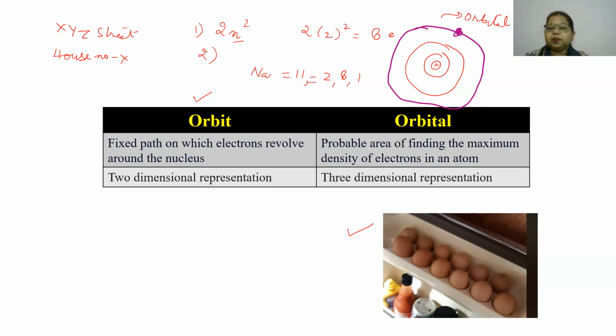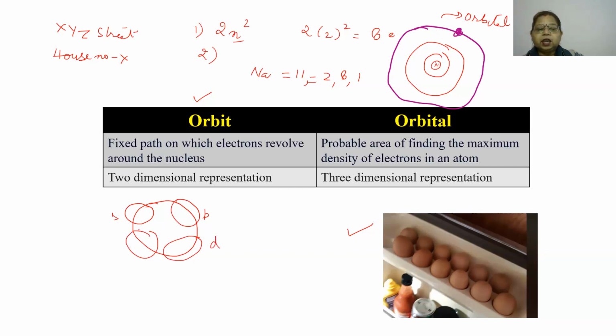So theoretically, we are saying that if the orbit is this much large, we are dividing it into different types of orbitals. We can say this is the S orbital, this one is a P orbital, this one is a D orbital, and this one is an F orbital, if we want to think of it in terms of two-dimensional space.